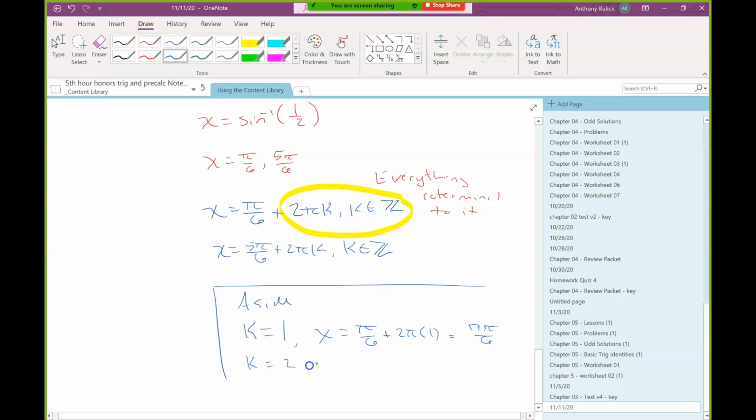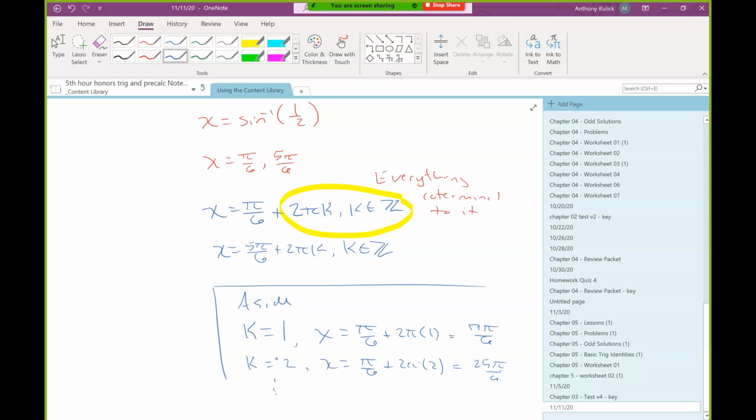Or if k equals 2, we have pi over 6 plus 2 pi times 2. So 2 pi times 2 is 4 pi. When we make a common denominator with 6, that's 24 pi over 6. And pi over 6 plus 24 pi over 6 is 25 pi over 6. And you could keep going and doing this as long as you wanted to, right?